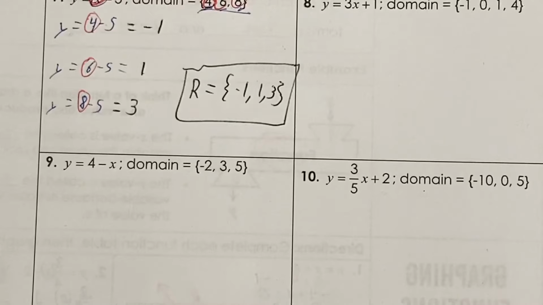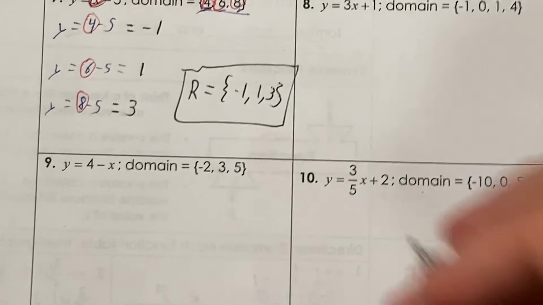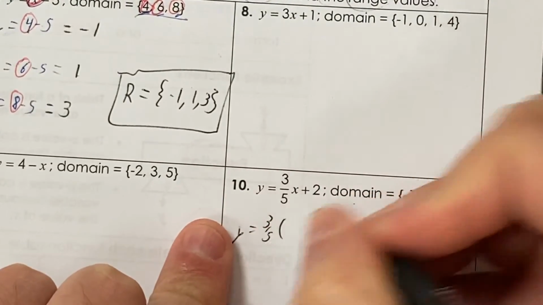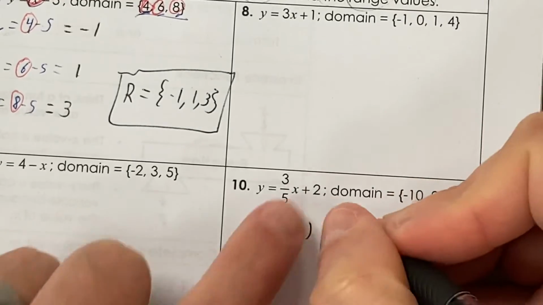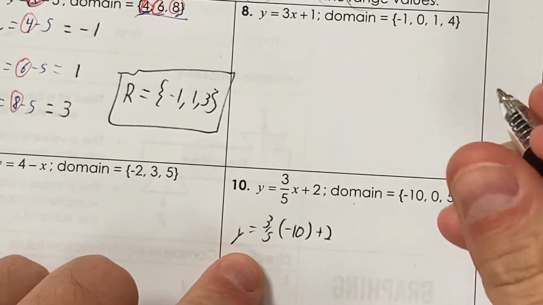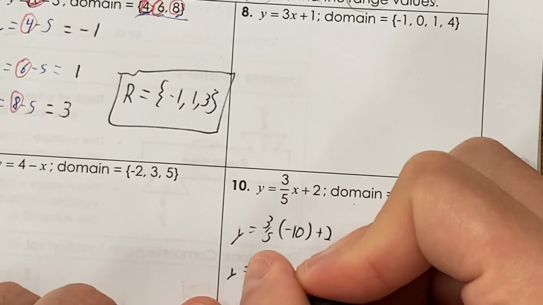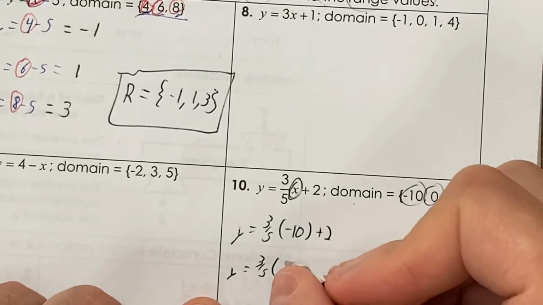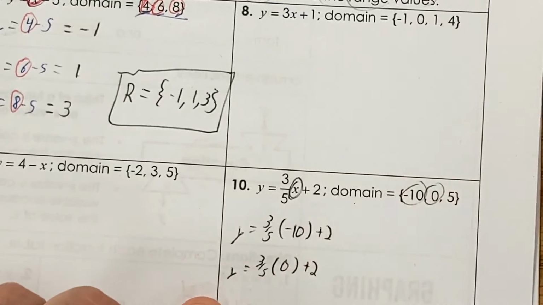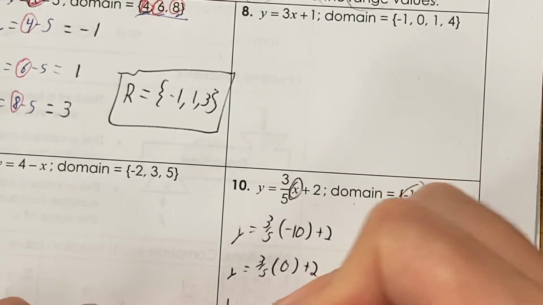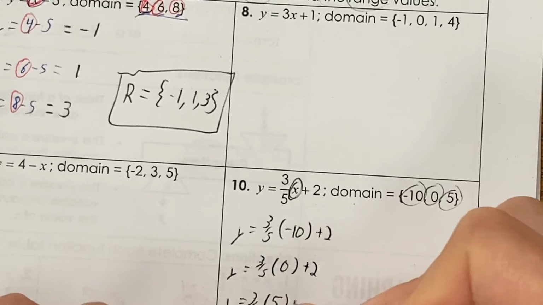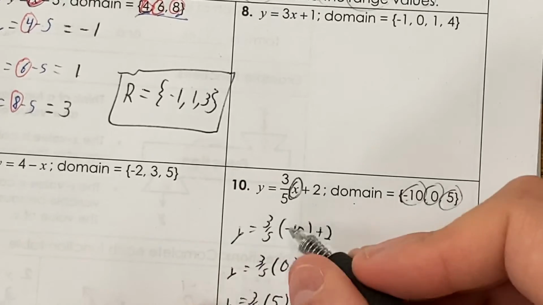I'll do one more. Let's do number 10. So same thing, y equals 3/5 times -10 plus 2. Y equals 3/5 times 0 plus 2. And then y equals 3/5 times 5 plus 2. So those three numbers are the numbers that go in for x.